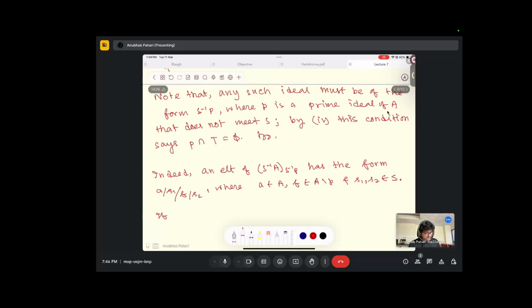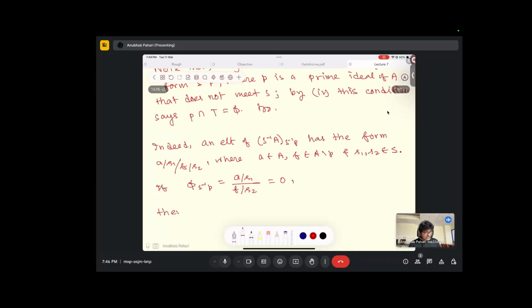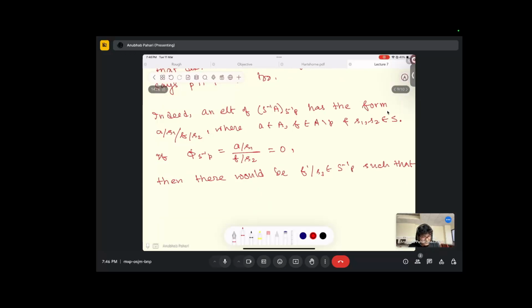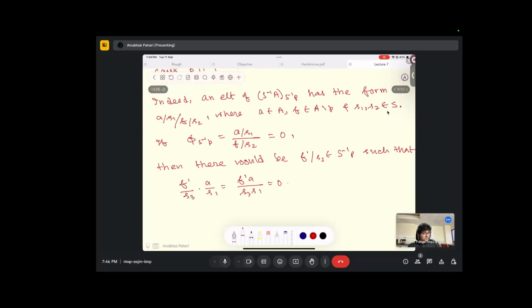If phi of S inverse P of a by s1 by f by s2 equals to 0, then there would be s3 belongs to S inverse P such that f dash s3 a by s1 equals to 0.